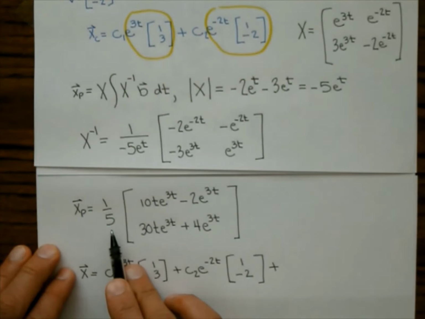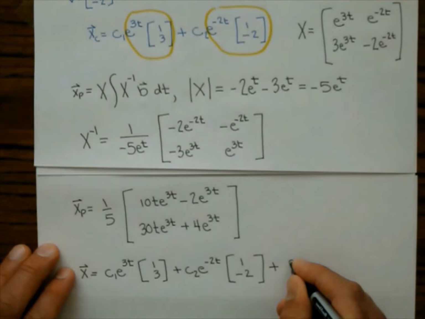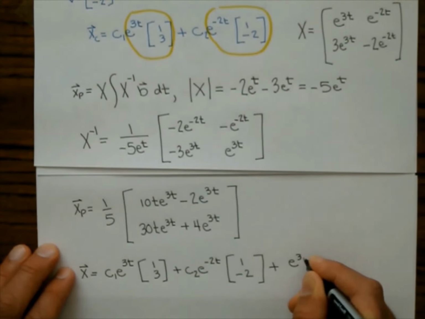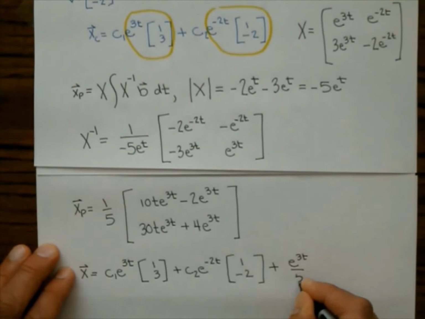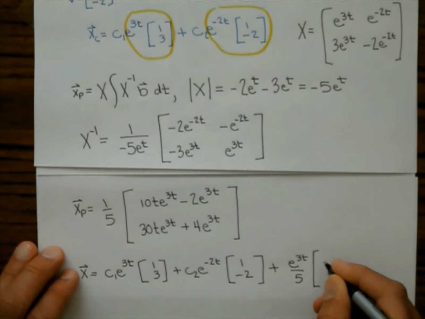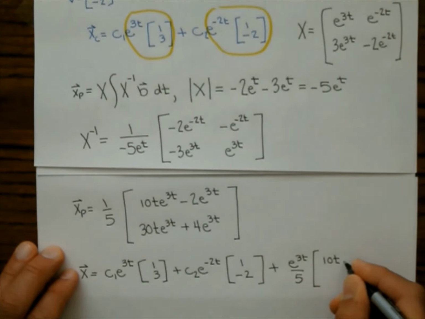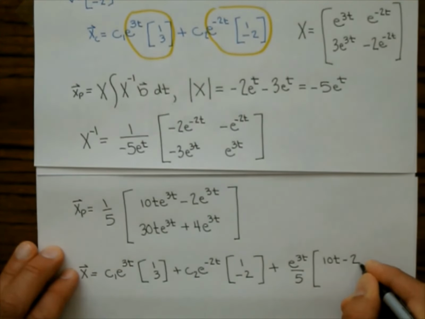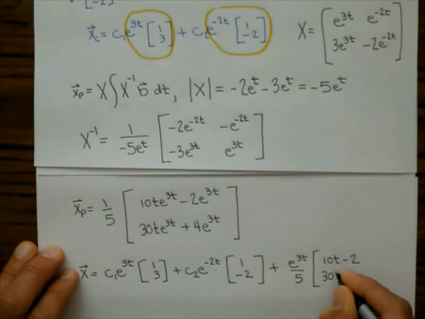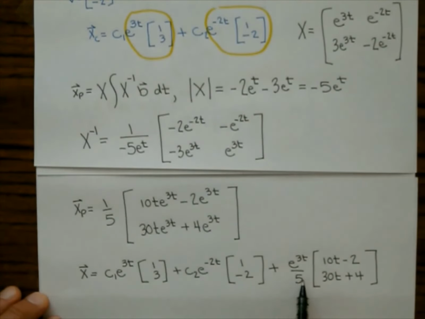I'll just keep the 1/5 out, but I'm also going to factor out an e to the 3t. So this is going to be e to the 3t over 5 times this vector right here, which would be 10t minus 2, 30t plus 4. And I suppose I could have factored a 2 out and written that as 2/5 and made that a little smaller, but that's all right.